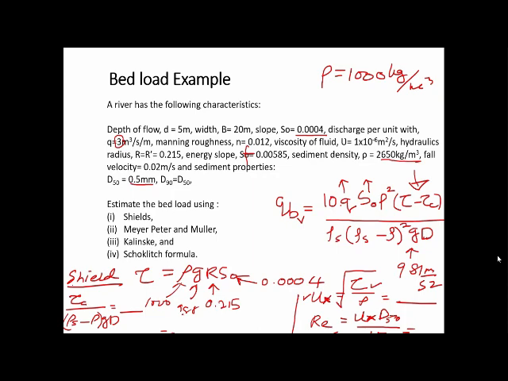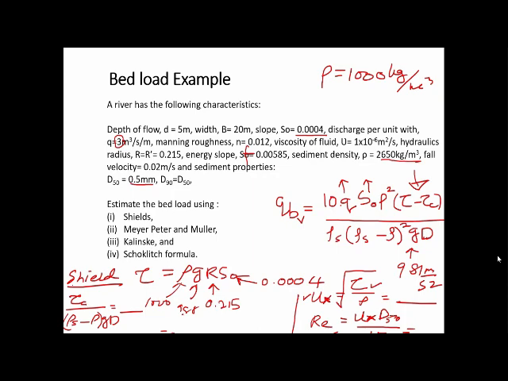So my advice is that you look at the equations given to you, and see in each equation what are the parameters required.